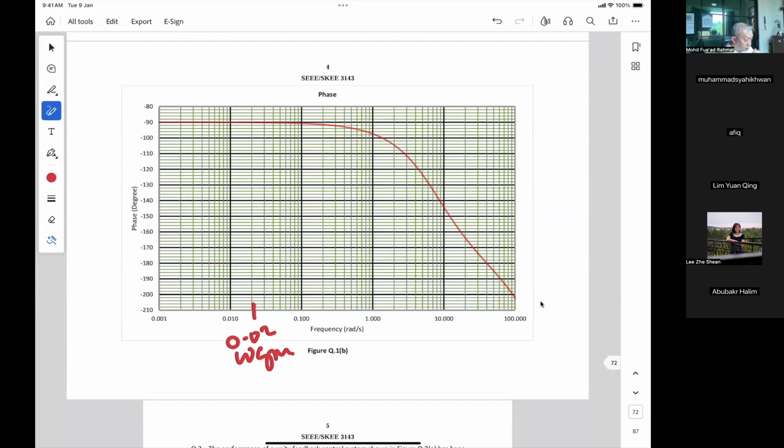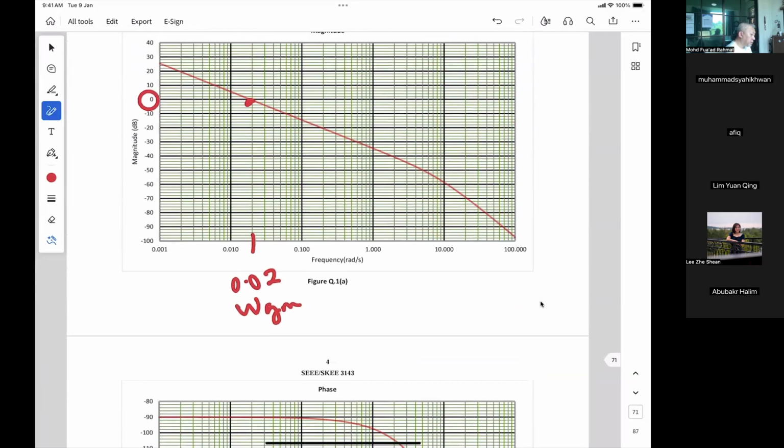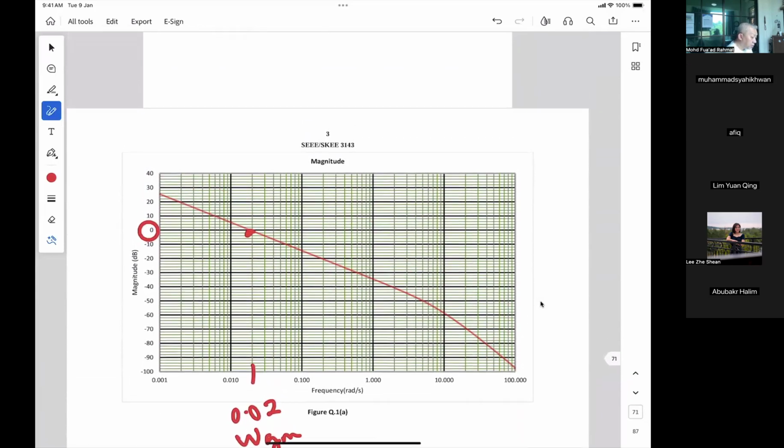And for the phase crossover frequency, find minus 180. It's roughly about here. Okay, so that one is 10, 20, 30, 40.